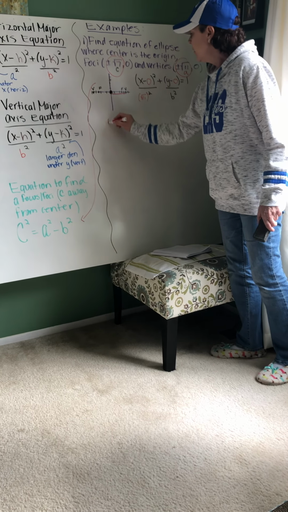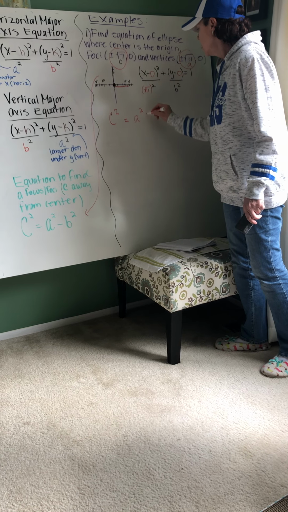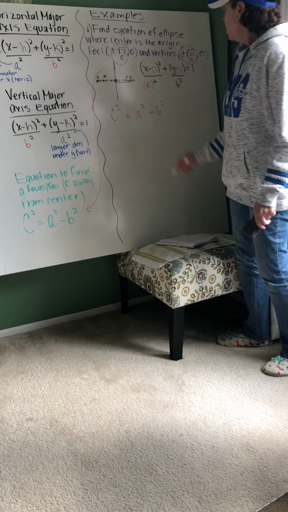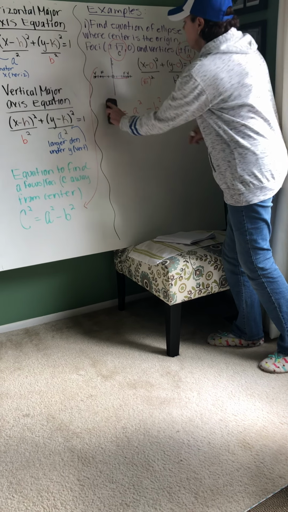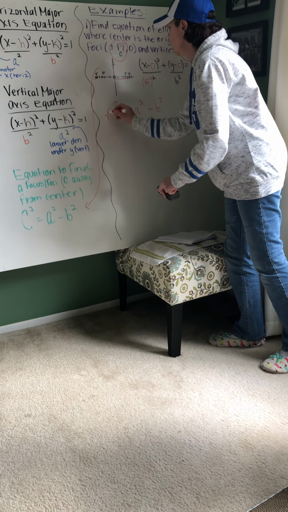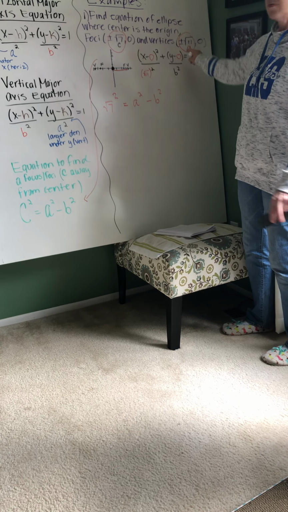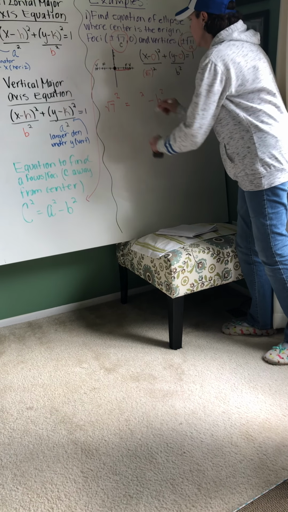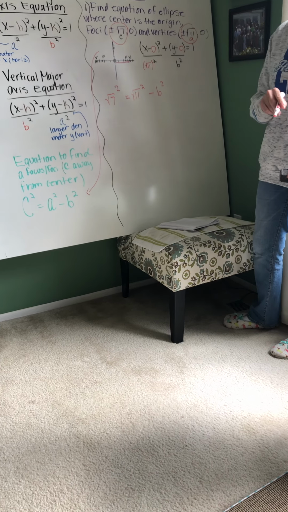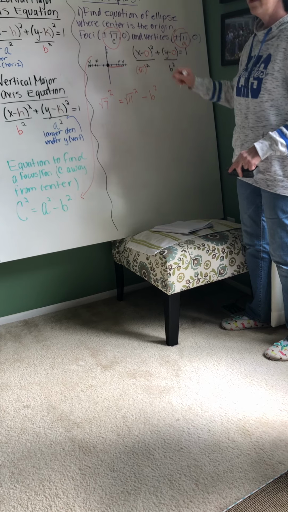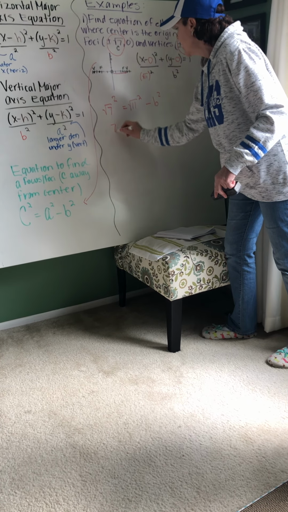Ready? I'm going to write the equation. We said we have C. It's right there. All right, beautiful. We said we have A. It's right there. Now I'm going to solve for B and put it right there, and I'm going to be done. All right, square root of 7 squared, 7.